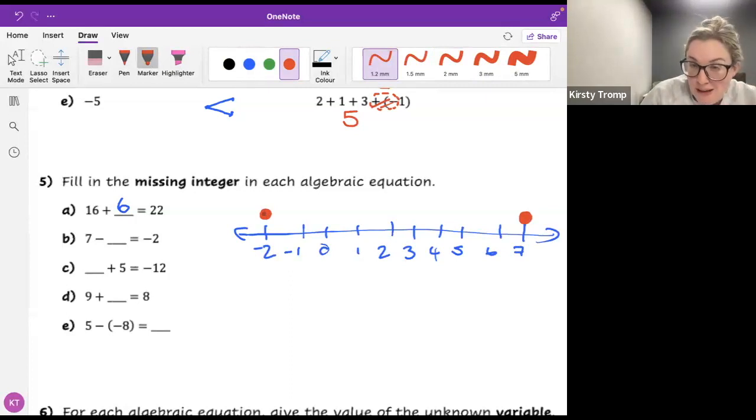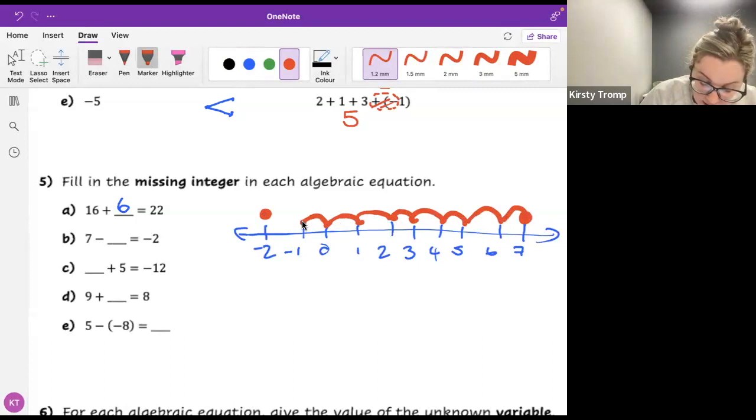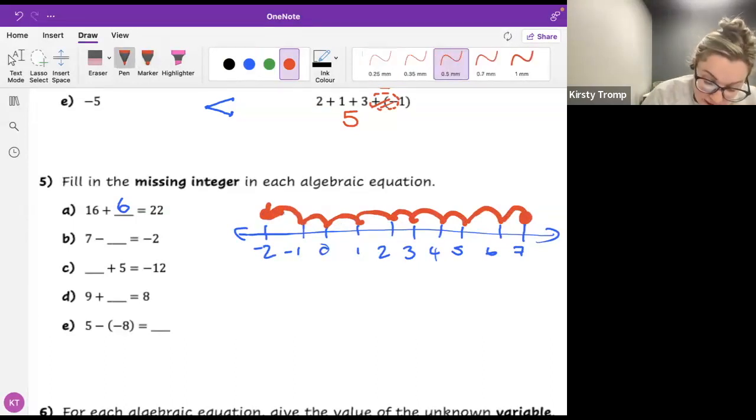So I'm going to count 1, 2, 3, 4, 5, 6, 7, 8, 9. So what must I subtract from 7 to get to -2? I must subtract 9.